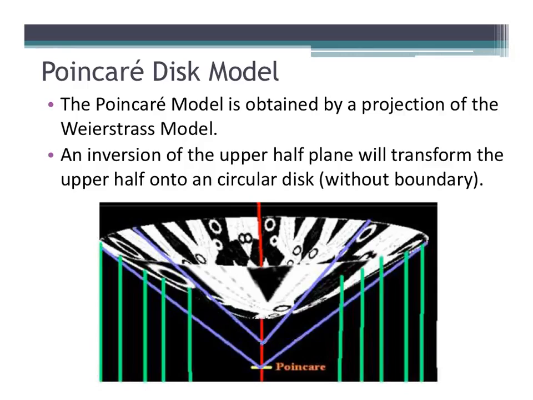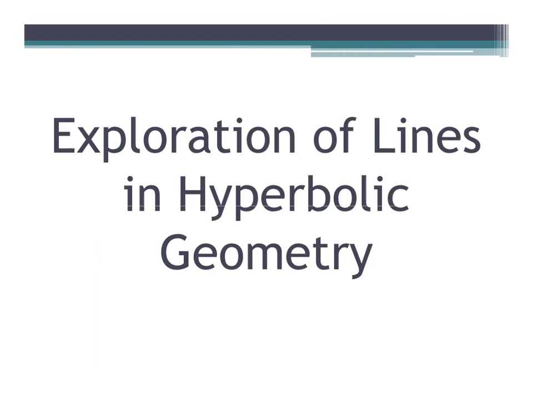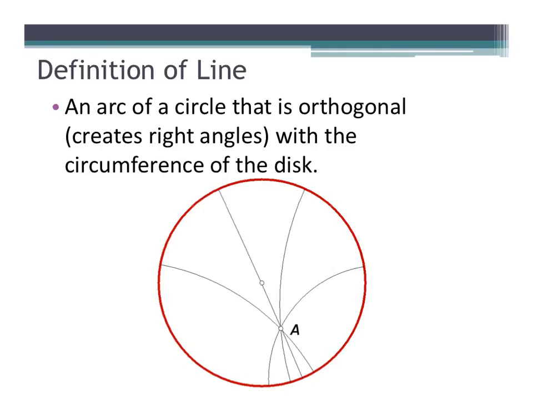It is an inversion of the upper half plane and will transform the upper half into a circular disk without boundary. So if you imagine standing at the point marked Poincare and looking up at the disk, what you would see is a circle from your point of view, but the circle would have no boundary because this is a paraboloid without end.